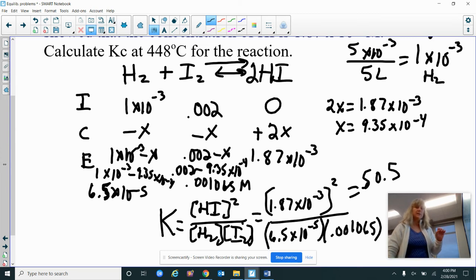All right, so that's two examples where it was pretty easy to figure out what X was because we didn't have the amount. Initially, we had nothing, and then at equilibrium, we were given an amount.